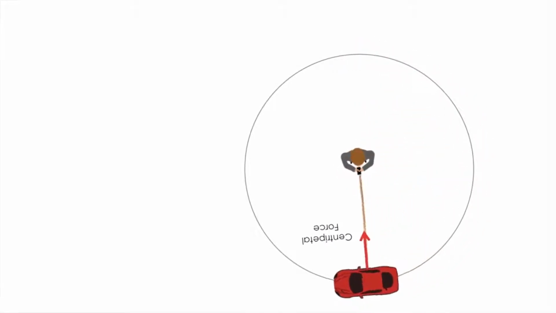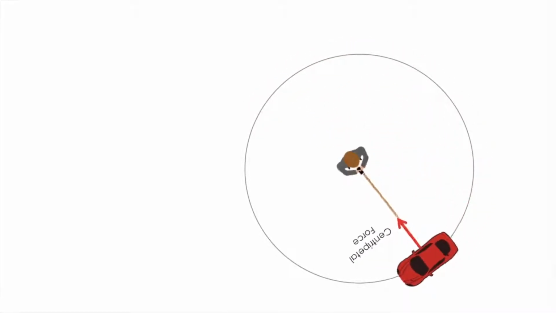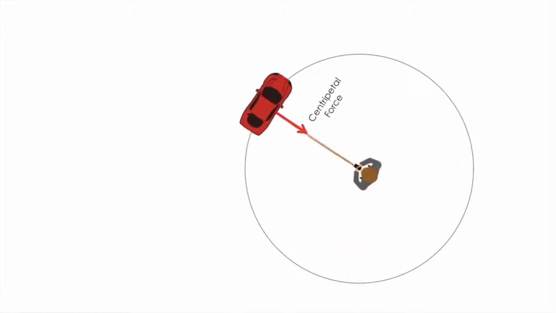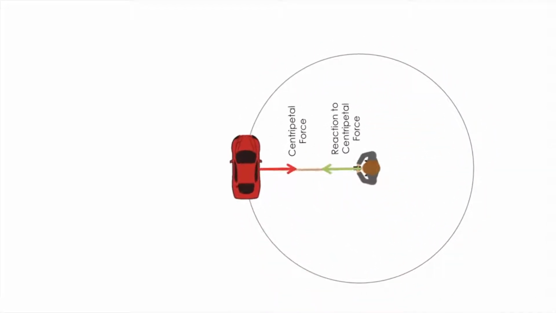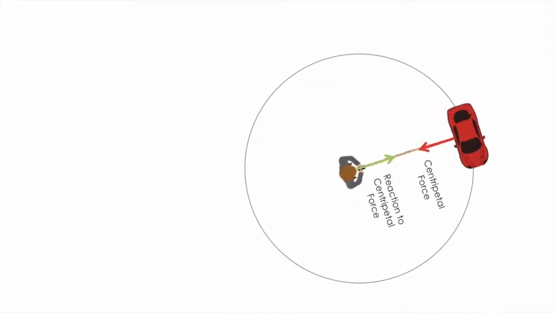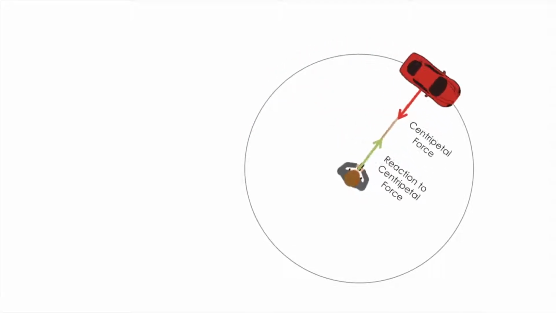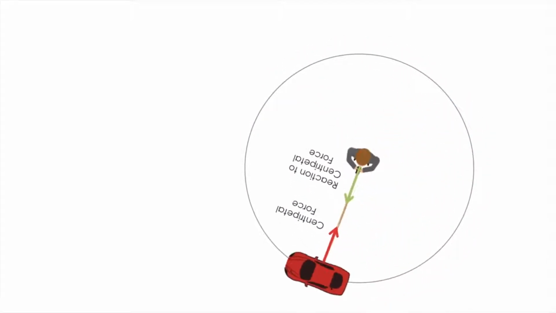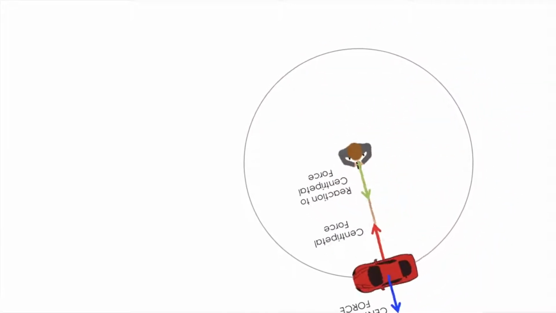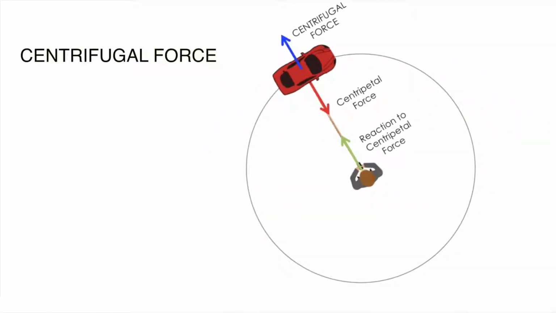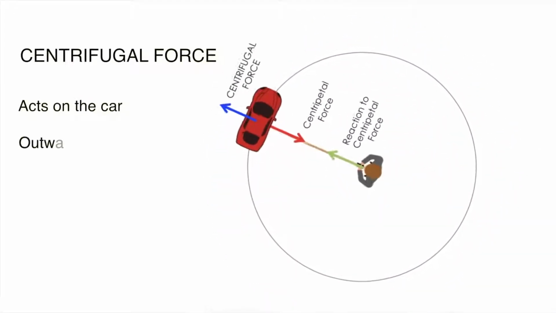Now let's say instead of the fixed support, we had a man exerting a centripetal force. The car would experience a centripetal force, but every action has an equal and opposite reaction. So the man would be feeling a reaction to the centripetal force. Now, apart from these two forces, there would also be a third force experienced by the car, and that is a centrifugal force, a force that causes the car to be flung out of its path.